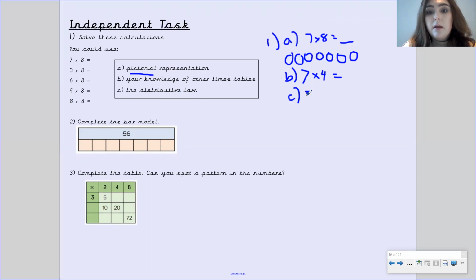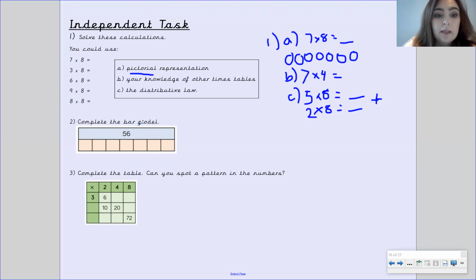So you could do 5 times 8 equals what? And then whatever's left, so you add 5 to 2 to get 7. So you do 2 times 8, which would give you the answer, and then you add them together to get the answer to 7 times 8. So this is how it needs to look in your books.